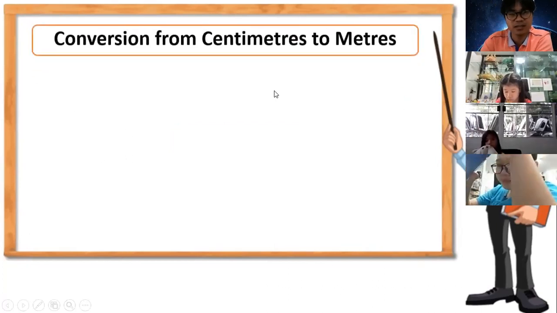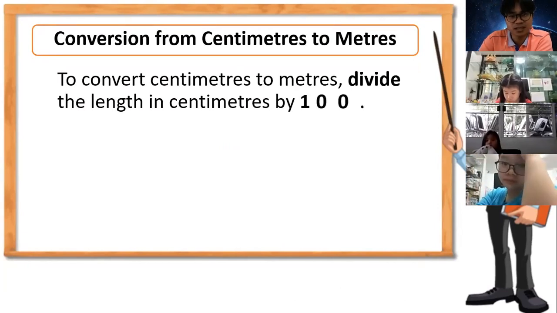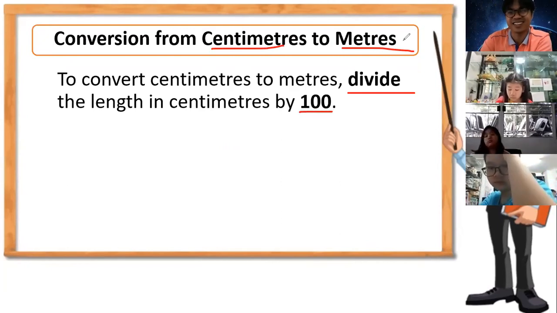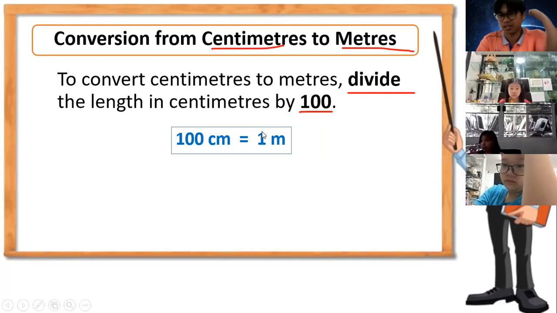Next, let's proceed to the next rule here. From centimeters to meters, what will you do? To convert centimeters to meters, class, just divide the length in centimeters by 100, because 100 centimeters is equal to 1 meter.